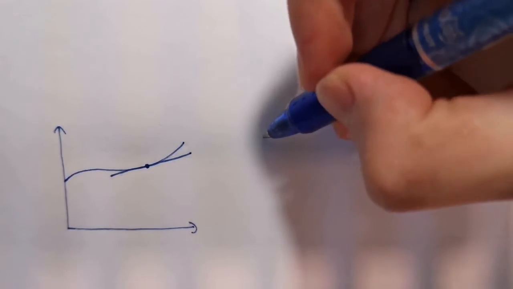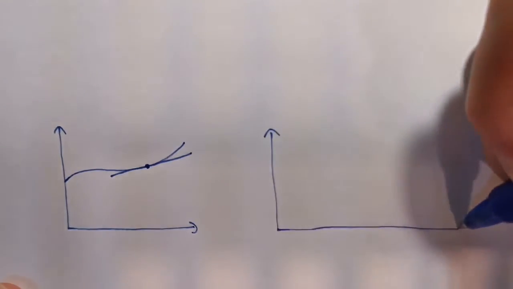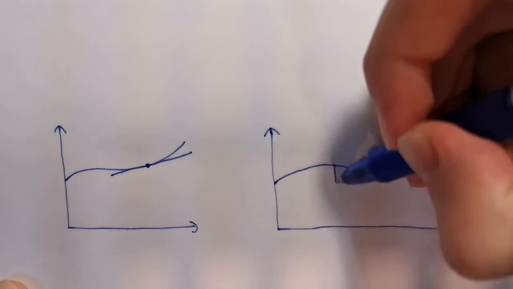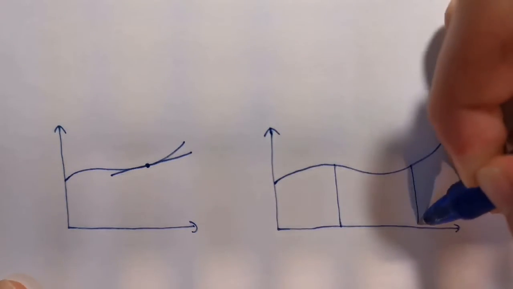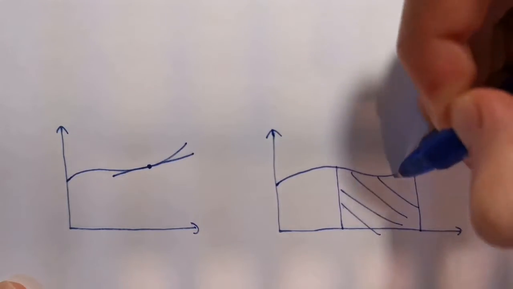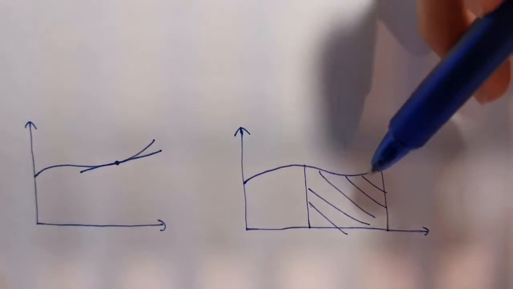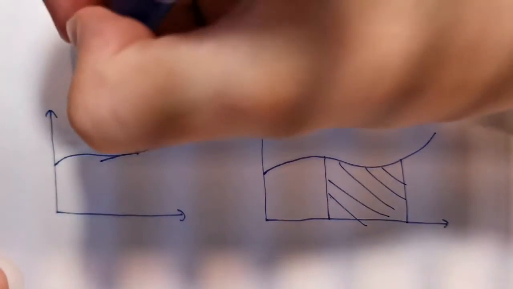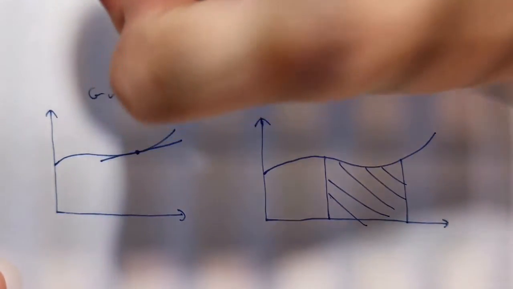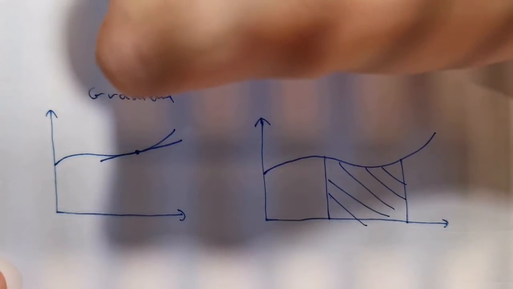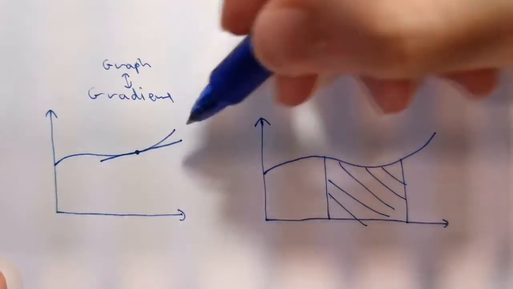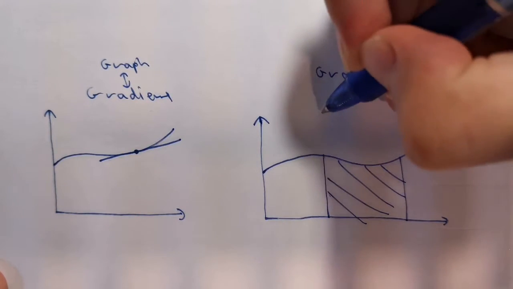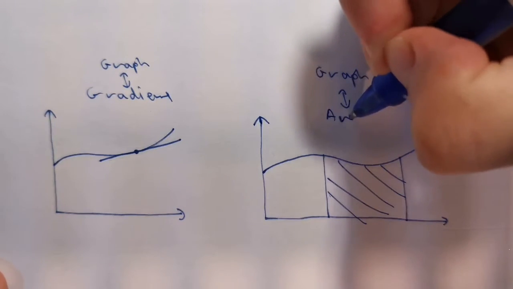But integration is, given a graph, you find the area under the graph. So it's basically relating the graph to its area. So this is differentiation relating the graph to its gradient, and integration relating the graph to the area under the graph.